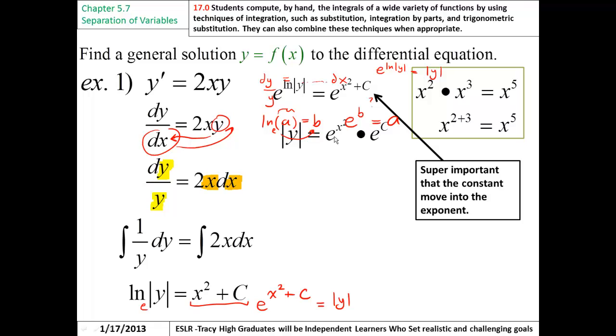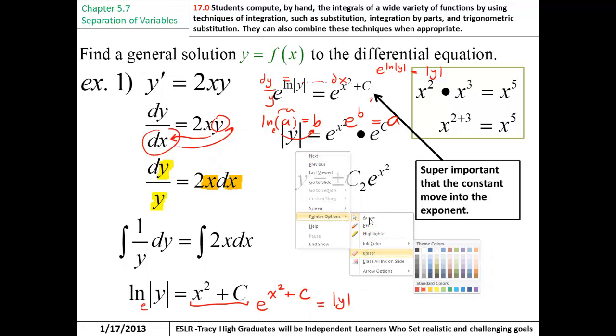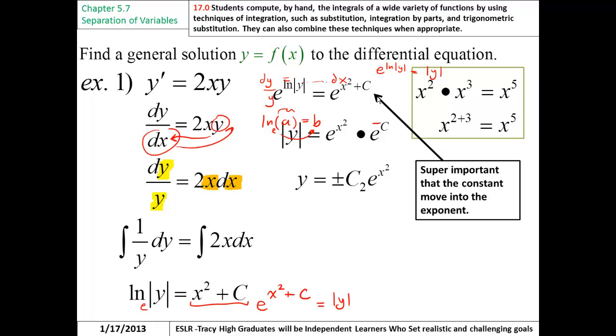If you were to simplify that, it turns out to be a simplification to bring it back into this form, because e to a constant is just another constant, right?